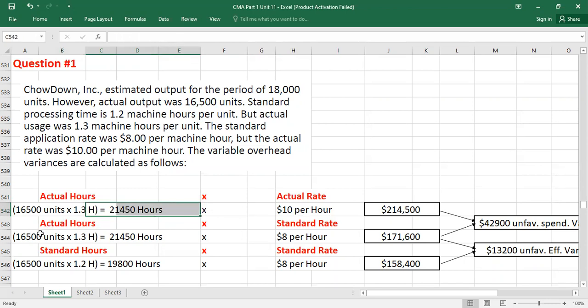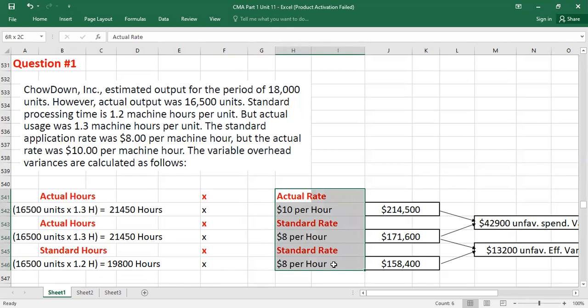The same figure goes in the second line, because the second line is also actual hours. Now you can calculate the third line, the standard hours. Standard hours we always calculate for the actual level of output, which is 16,500 units, multiplied by budgeted time, which is 1.2 hours per unit. This will result in 19,800 hours.